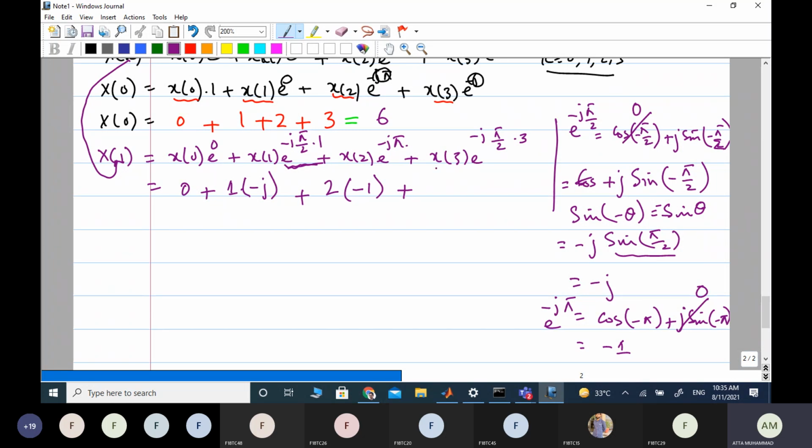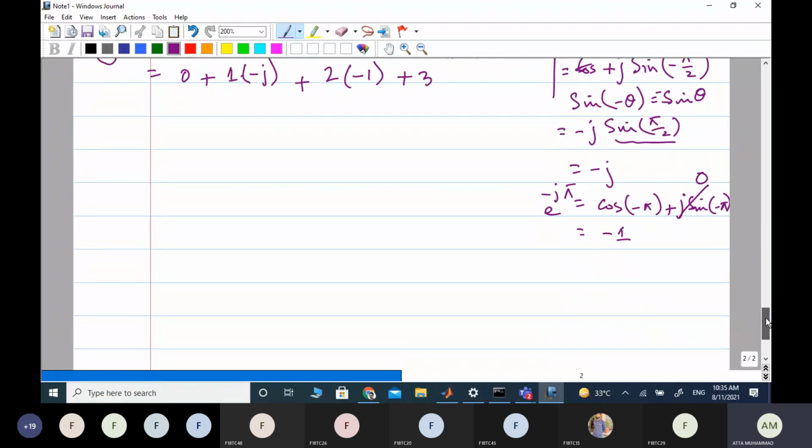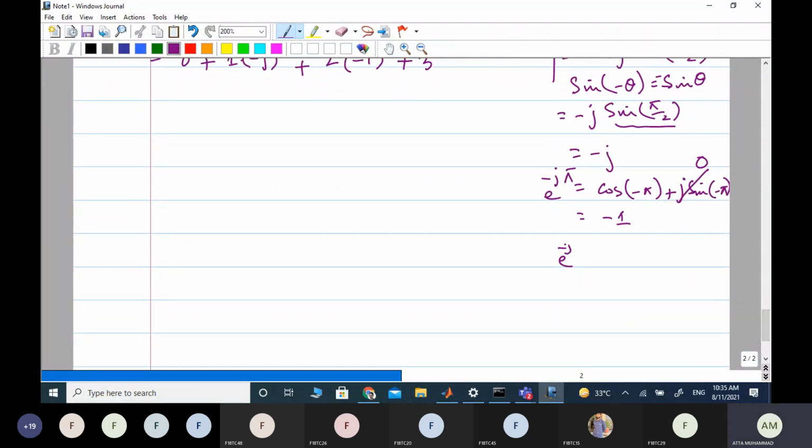Now x of 3 is 3, and let us see what this term yields. E to the power minus j pi by 2 times 3. Can I write this as e to the power minus j pi by 2 whole power 3? Because according to the law of powers, powers are multiplied.